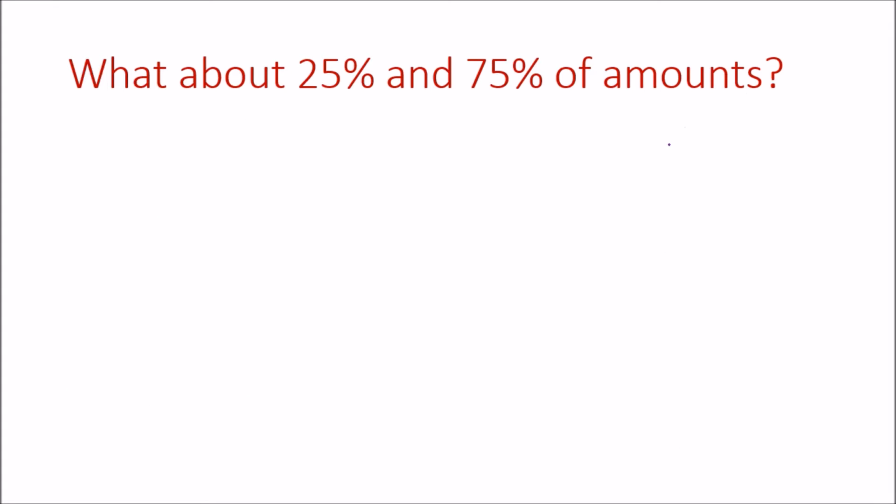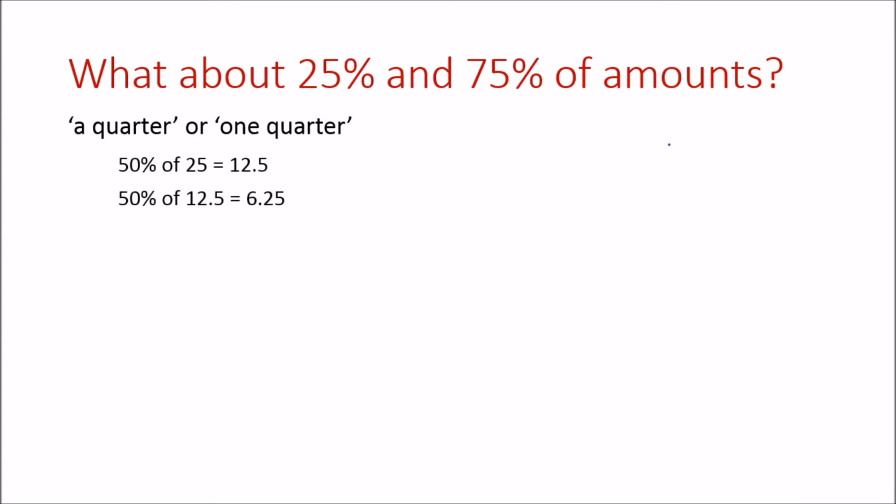Next up, we've got 25% of that amount and 75% of that amount. So 25% is the same as saying a quarter or 1/4. And if we look at 50% of 25 and get 12.5, we can find a quarter by halving that. So finding 50% of that 12.5 to get 6.25.